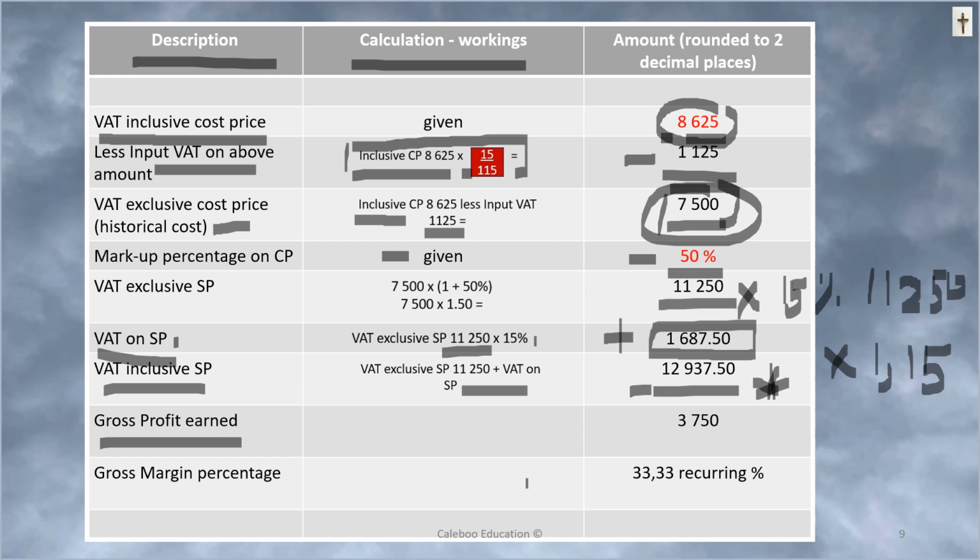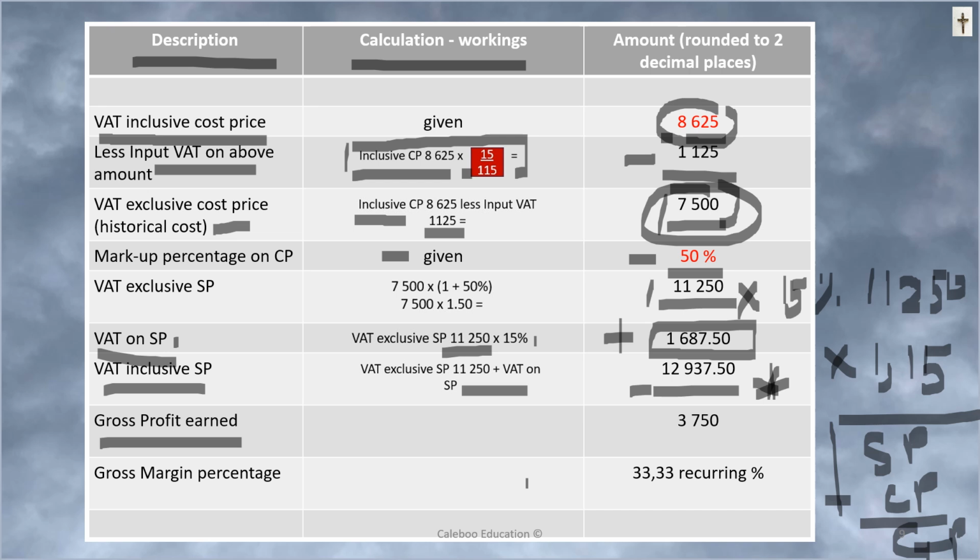Next, what is the gross profit earned? Selling price minus cost price is equal to the markup or the gross profit. Remember, these numbers here must exclude VAT. So I go and look at the numbers that have been calculated.